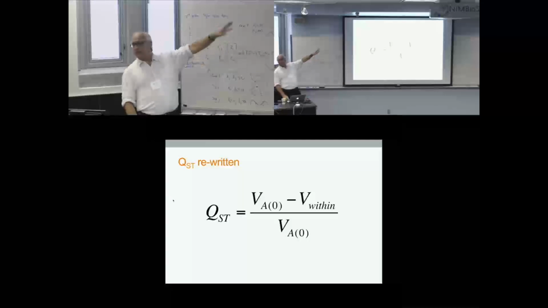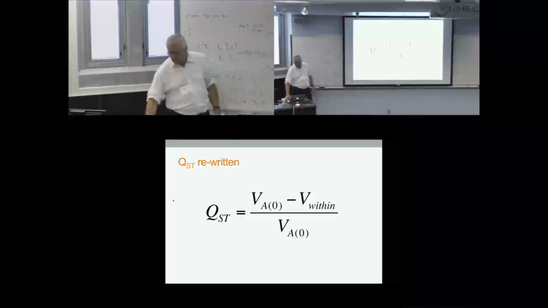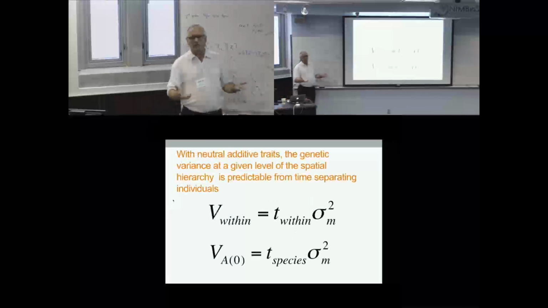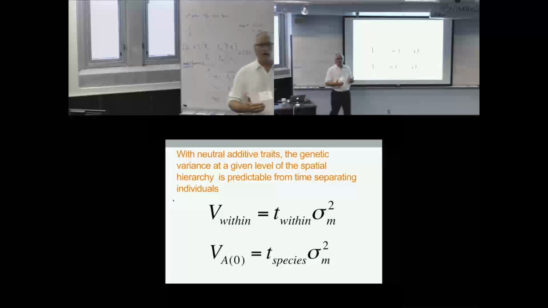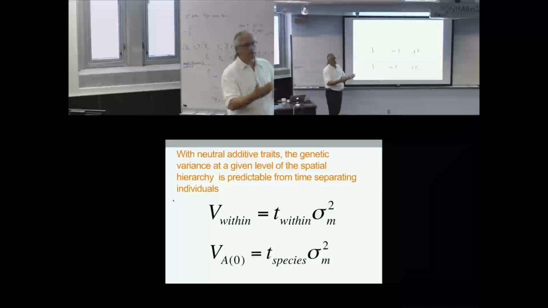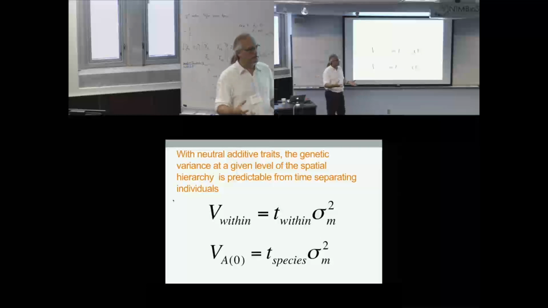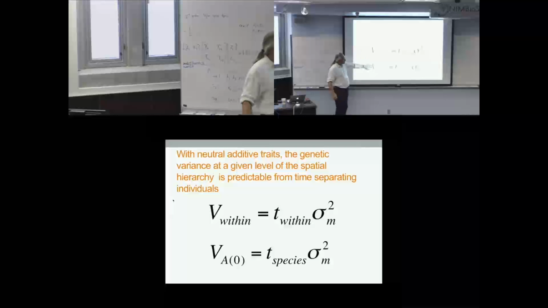Right. So these variants at the species level, the variance at the within-population level, as I was just telling you before, turn out to be functions of the average time to common ancestors of the alleles, either two randomly chosen alleles from the species, or two randomly chosen alleles within a population.